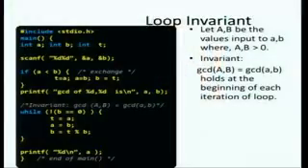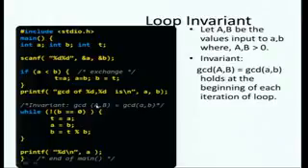So capital A and capital B were the original input, and the invariant that I have is that at every stage the GCD of the original inputs is the same as the GCD of little a and b. We call little a and b the loop variables involved in the loop. So little a and b keep changing through the loop, whereas capital A and B are fixed, they are the input.